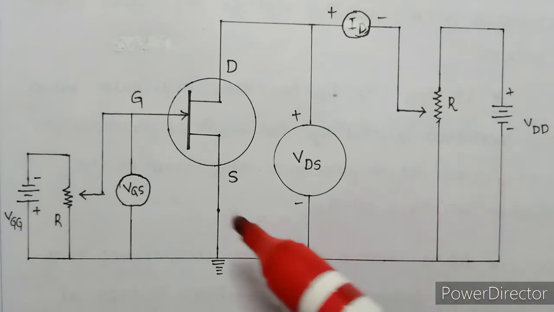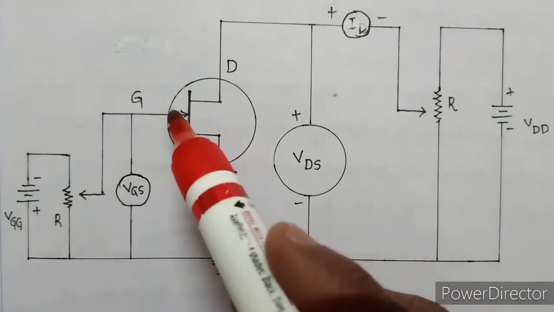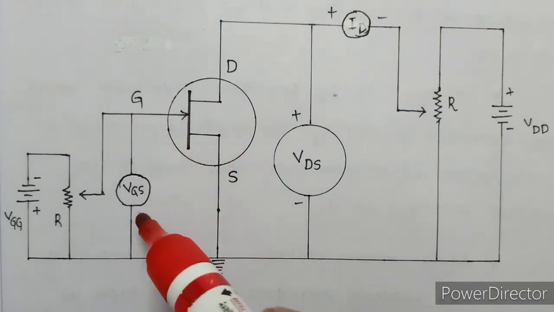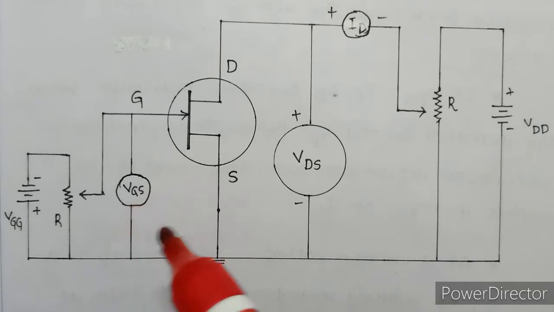Next, the gate and source are connected by a voltmeter. We have to read the readings in this voltmeter.